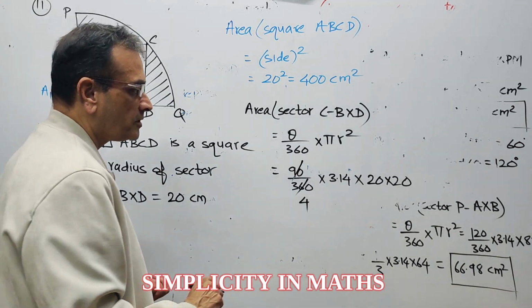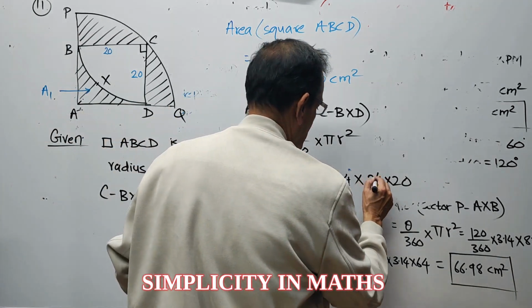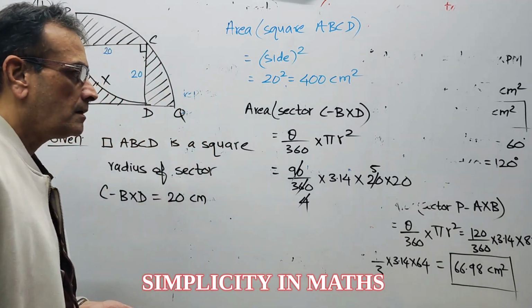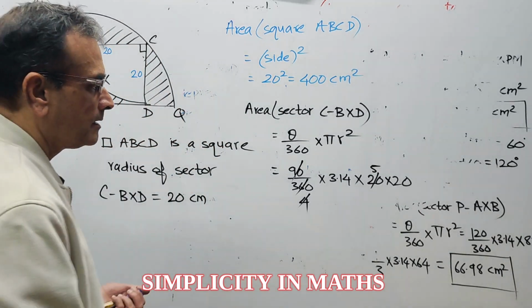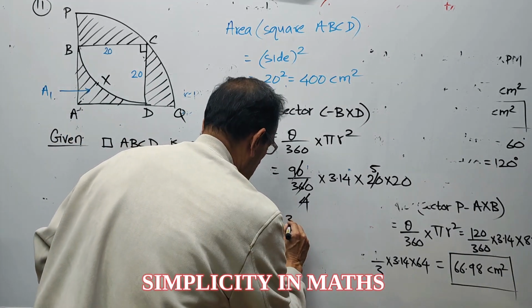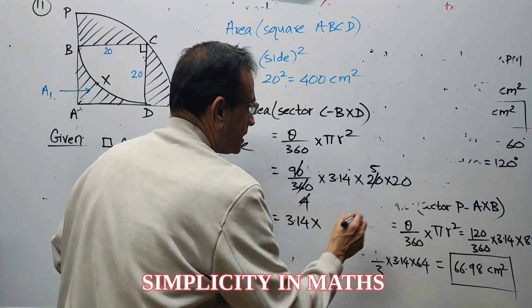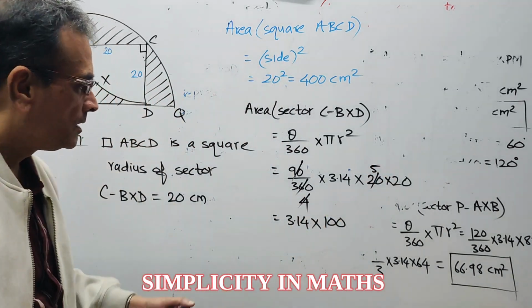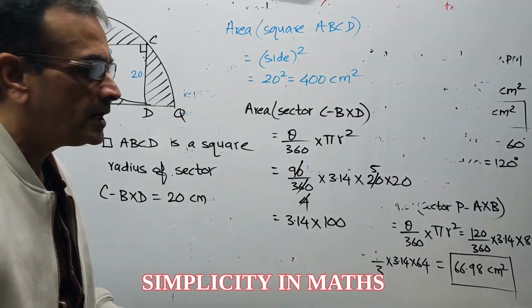Nine into 4, 360. 4 5s are 20. Right? So what do you get? 3.14, 20 into 5 is 100. 3.14 into 100.